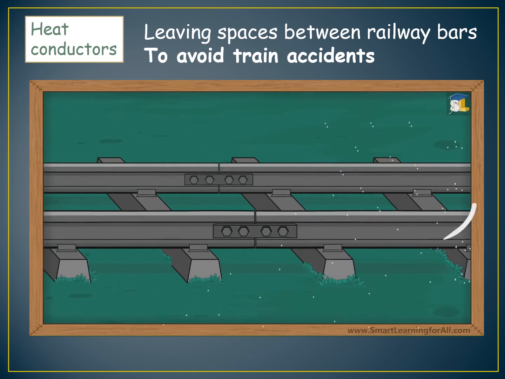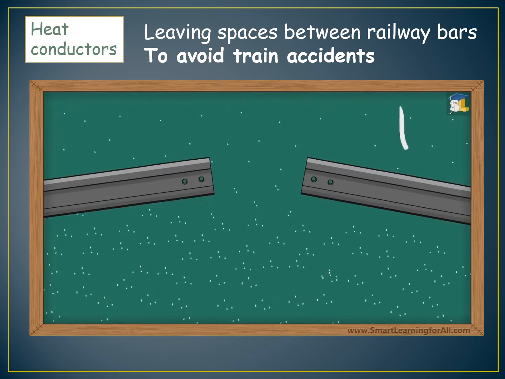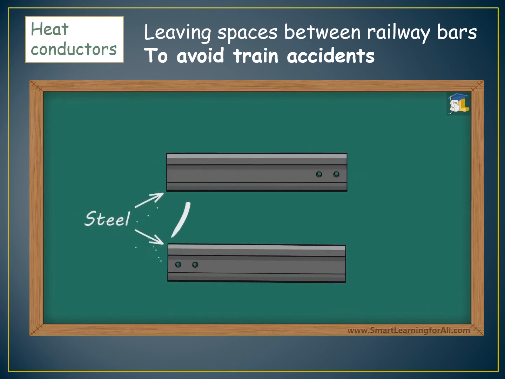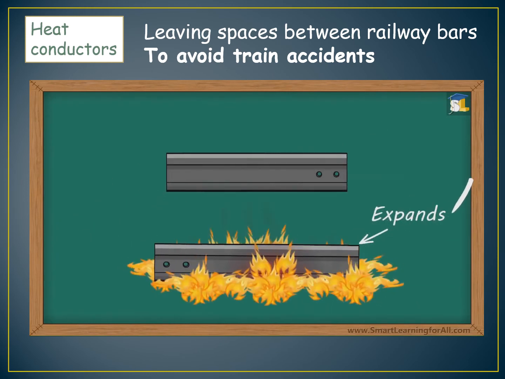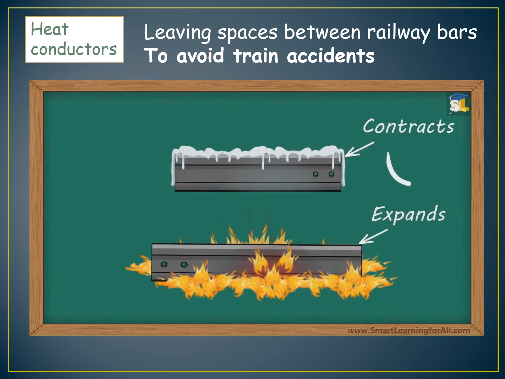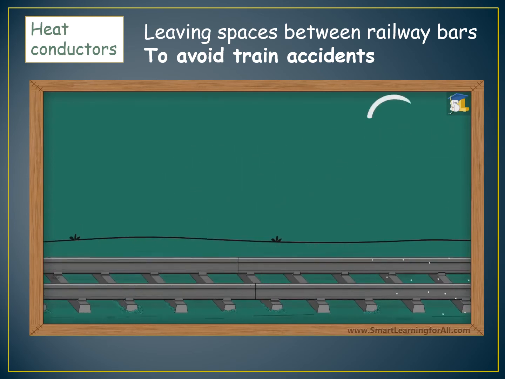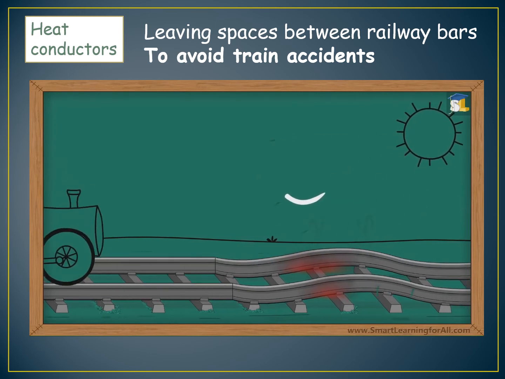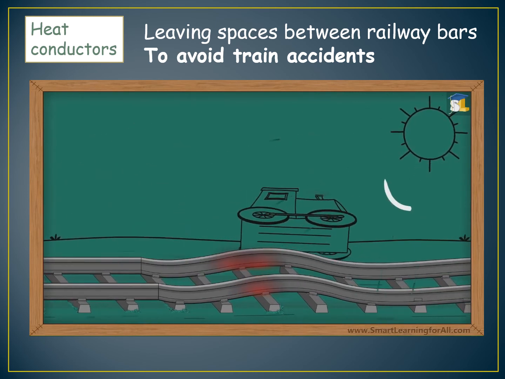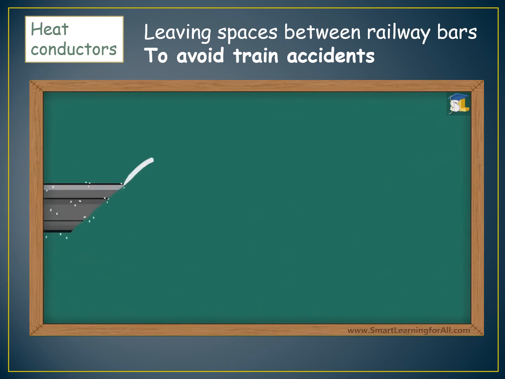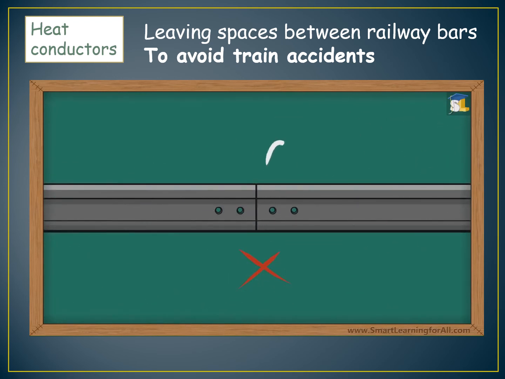A railway track is made up of a number of rails joined to each other. These rails are usually made up of steel. Steel expands on heating and contracts on cooling. When the rails are joined to one another without leaving any space for expansion, the rails bend due to thermal expansion and the train goes off the railway track. To avoid this, the rails are not joined together firmly.